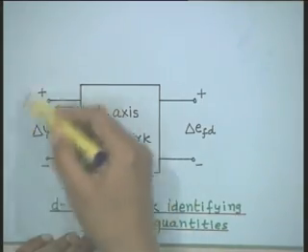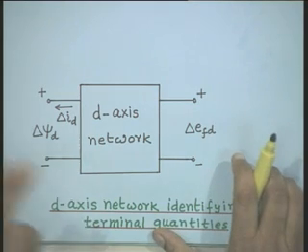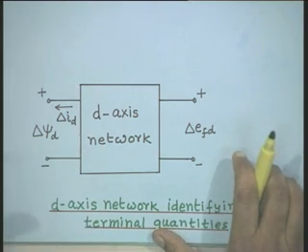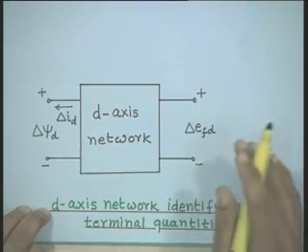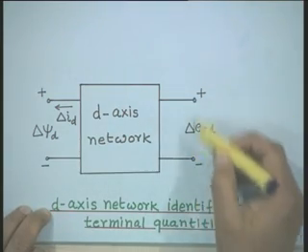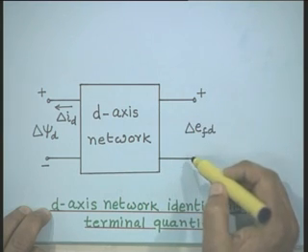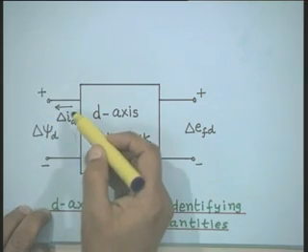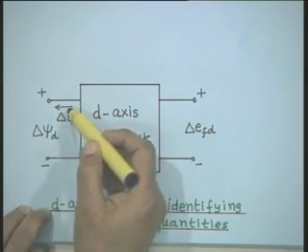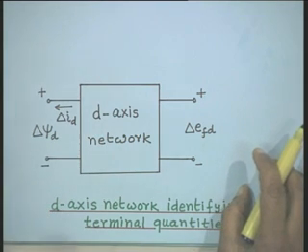This pair represents the stator side of the synchronous generator. This pair represents the rotor side, that is, at these terminals we inject the field voltage, and at these terminals the stator circuit current is coming out.